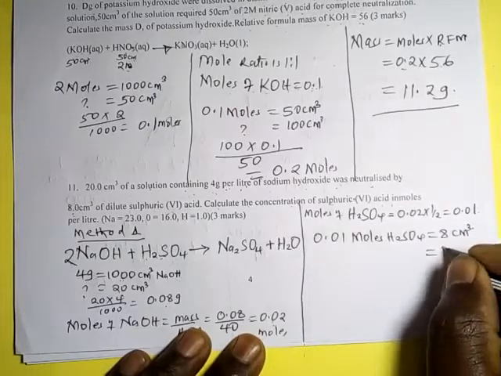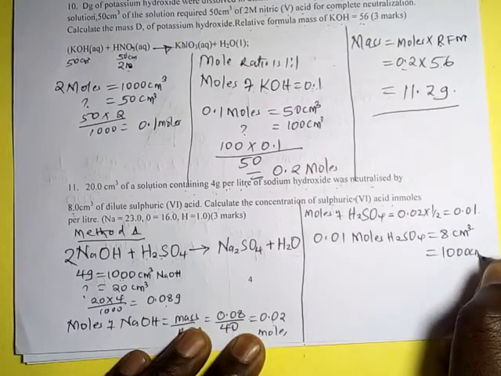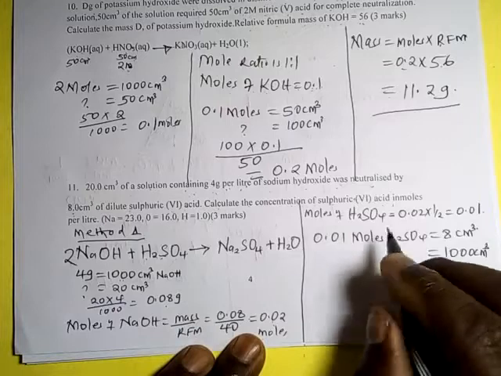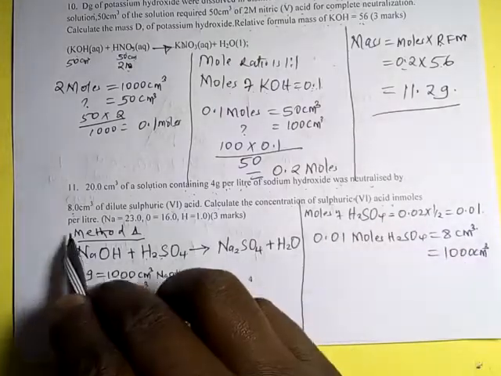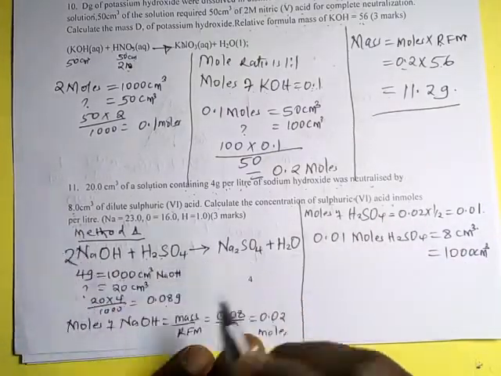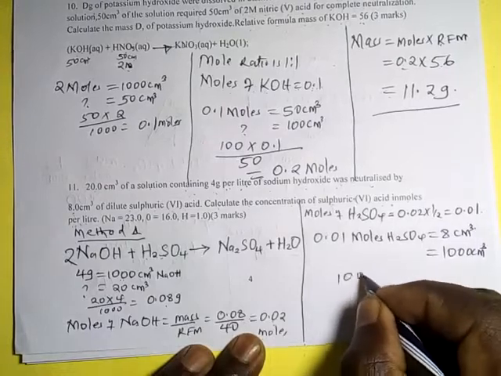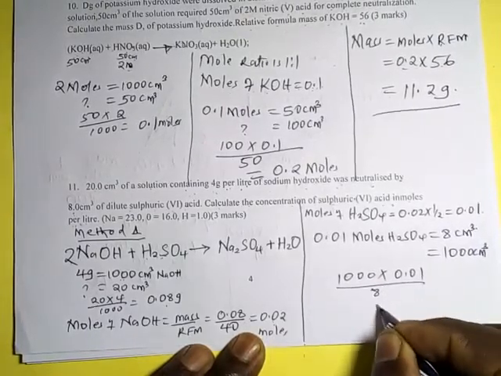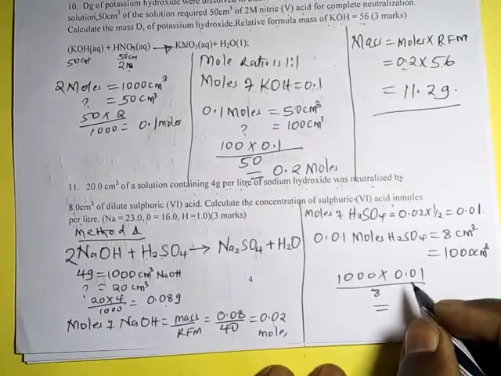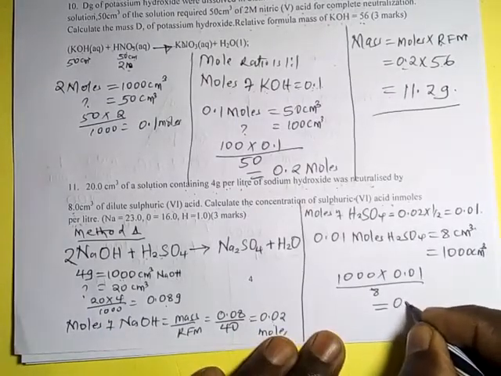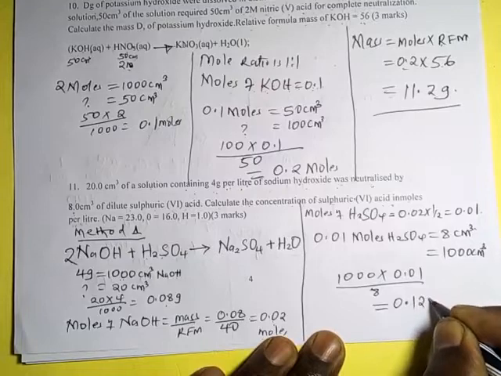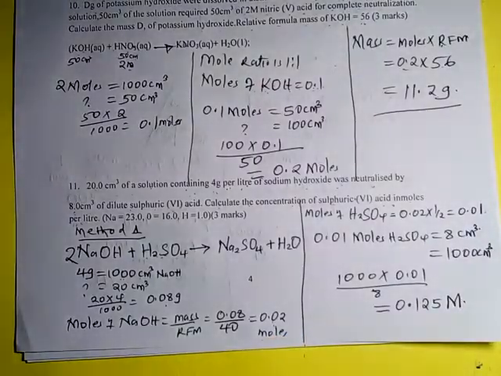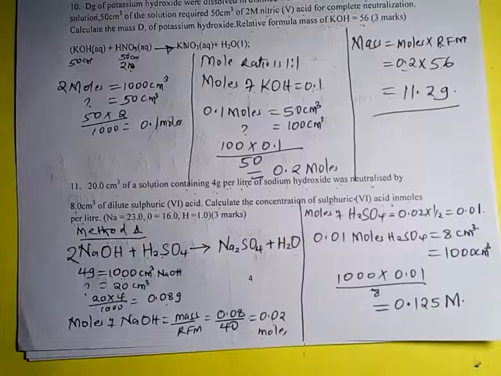What will be the number of moles in 1,000 centimeters cube? Because we want concentration, molarity, moles in 1 liter. So it is 1,000 times 0.01 divided by 8, and this will give you 0.125 capital M. That is the molarity. Let us go to method 2 and see.